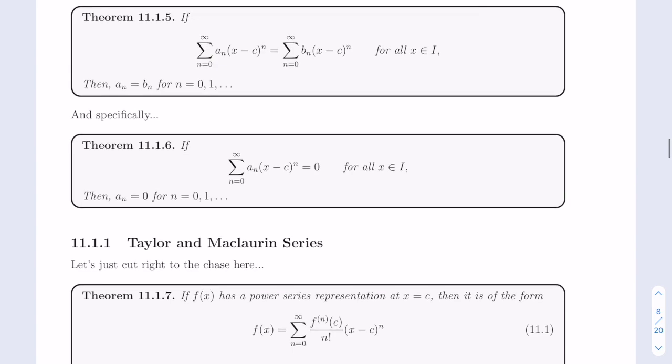And specifically, if we have one that equals 0, then it means that all of these a sub n's are equal to 0, right? Now, that might look like so what? But these are going to be formulas in terms of n, and so we'll be able to solve for stuff, okay?